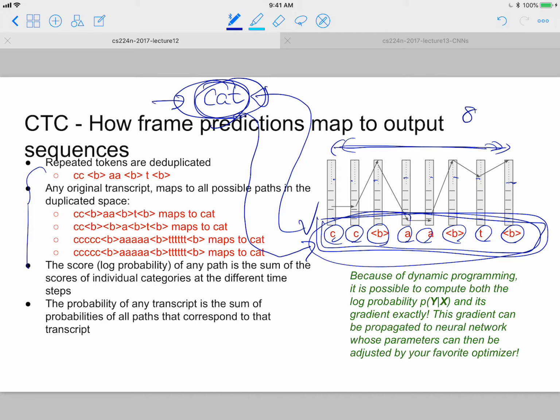So cat is our ground truth character sequence from the speech signal. And that speech signal, because we are chopping it off into equal lengths along the time axis, suppose the length is 8. And then there are many different mappings from CAT to this, right? We consider all the possible expanded sequences.